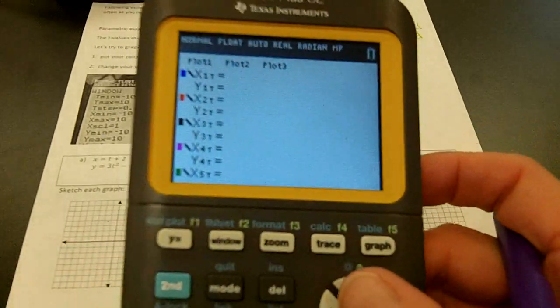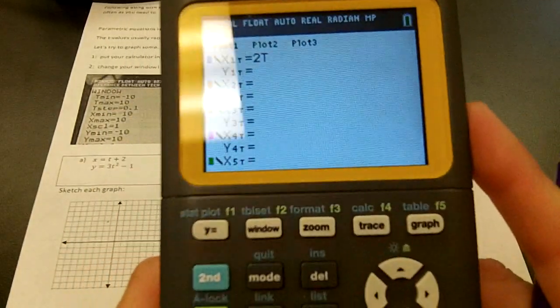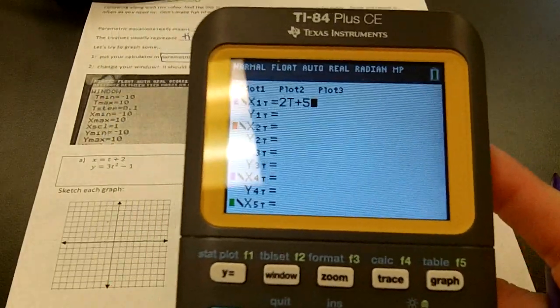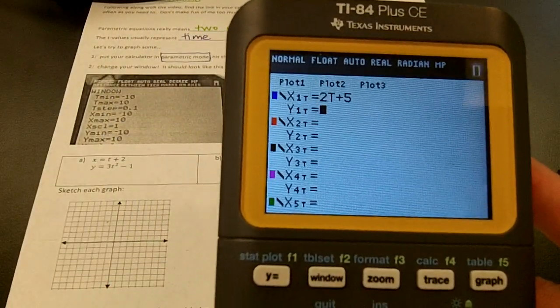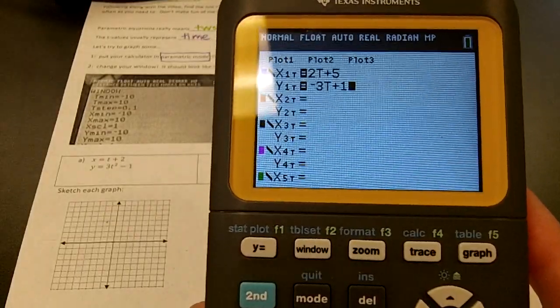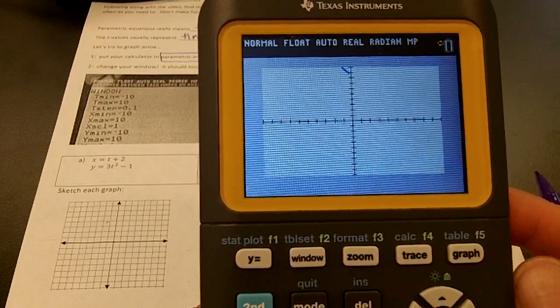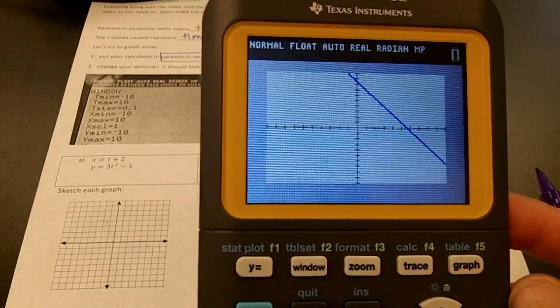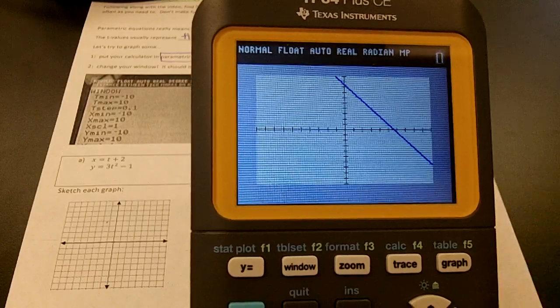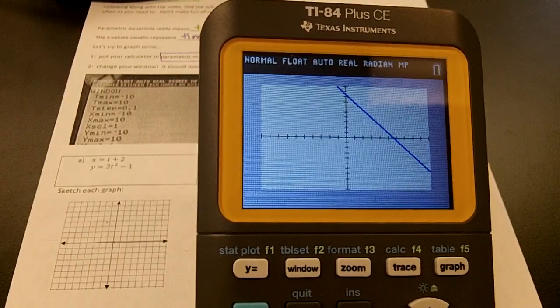On the x value, type in 2t plus 5. And then on the y part, type in negative 3t plus 1. And then hit the graph button. Oh my gosh, it's a line! Wow, that's so cool. Huh, but where did that line come from?